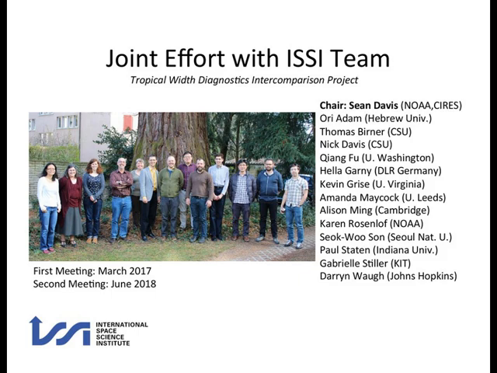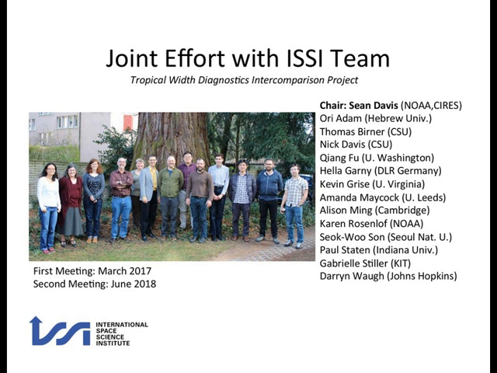As Paul mentioned, there's a separate group that was formed after the AGU Chapman meeting in 2015. After that meeting, we felt we needed a working group to deal with this metrics issue. So Paul and I put in a proposal to US CLIVAR, and Sean Davis put in a proposal to the International Space Science Institute.